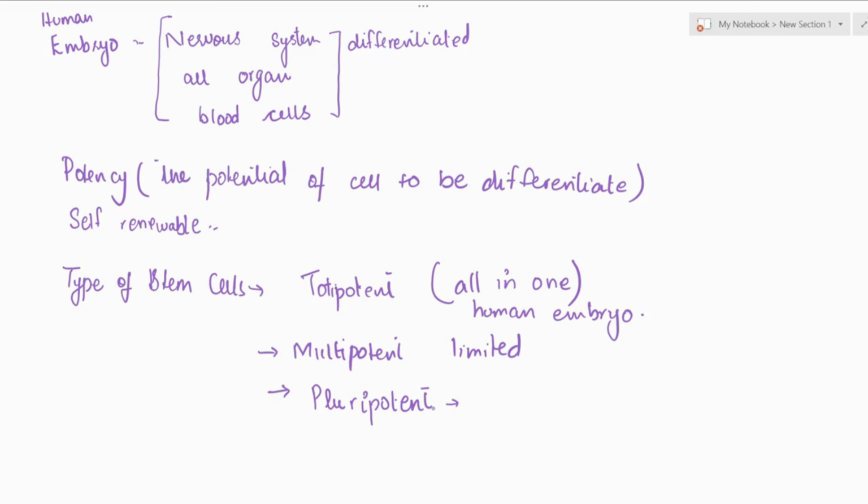Now these are two different parts. So a single cell can be differentiated into different types. Let's say the blood has different types of cells. The origin is the same but the types of cells are different.